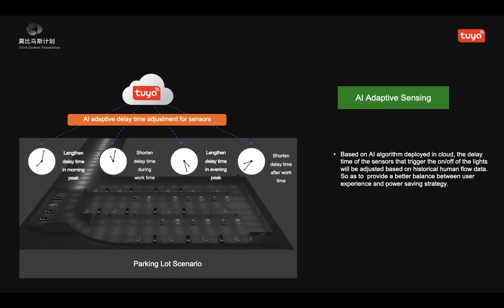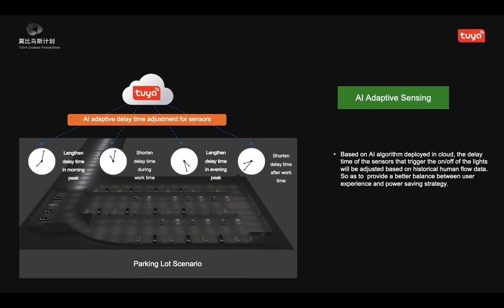With this AI adaptive sensing feature, the delay time of the sensor will be lengthened or shortened based on the actual flow data. So, for example, during times with a lot of motion, like a morning peak or evening peak, during which a lot of employees will drive their cars out or inside of the parking lot, the delay time will be lengthened to keep the light on for a longer time.